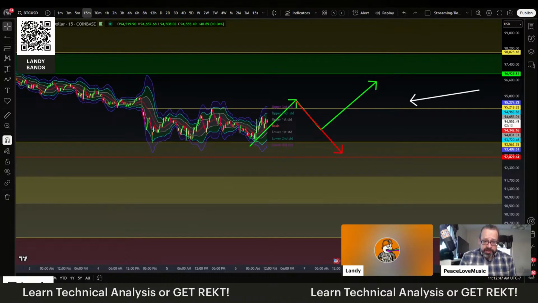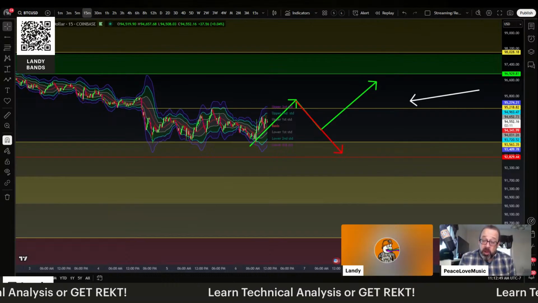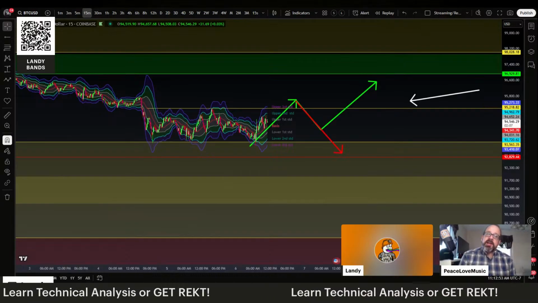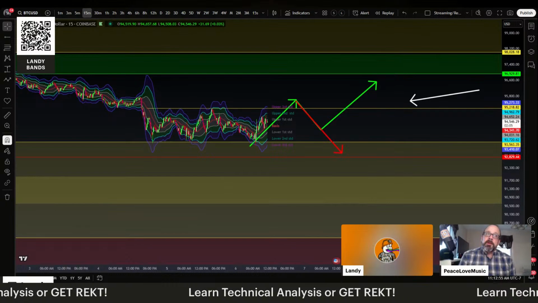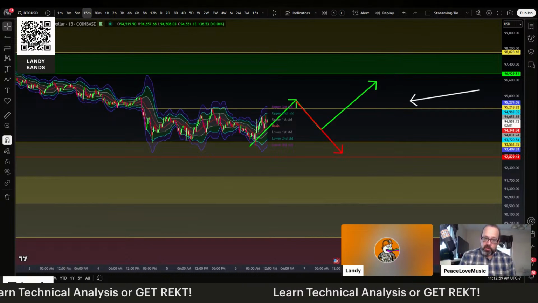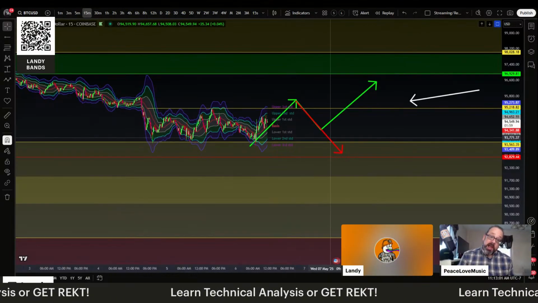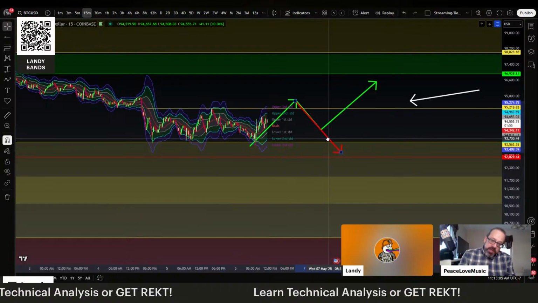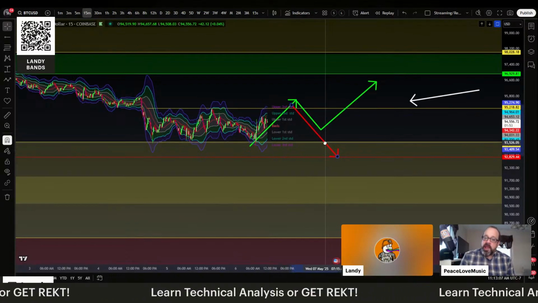I really love it. It's definitely helped me a lot just in getting a feel for where things are going generally. I can look at a chart now and it doesn't take me very long actually.